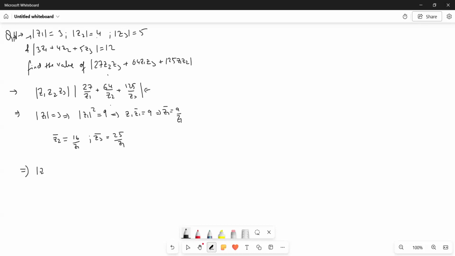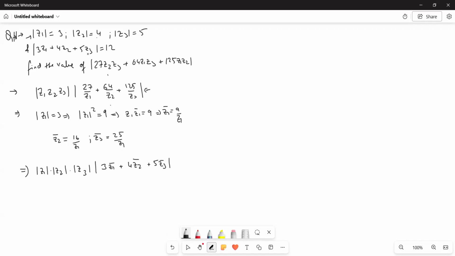So the expression becomes mod of Z1 into mod of Z2 into mod of Z3 into mod of, अच्छा 27 by Z1 में से 9 by Z1 हो जाएगा Z1 बार, तो बचेगा 3 Z1 बार plus 4 Z2 बार plus 5 Z3 बार. ठीक है ना.